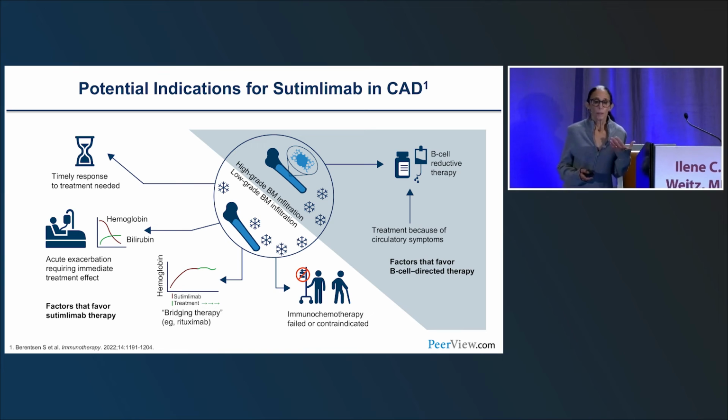But in this case, for most of the patients, because they don't really have that, you're going to look to treat for the acute exacerbation, for the acute anemia, for the symptomatology, and you may want to consider it as a bridge to treatment. If the patients have failed chemotherapy or it's contraindicated, you may want to consider sutimlimab as well.